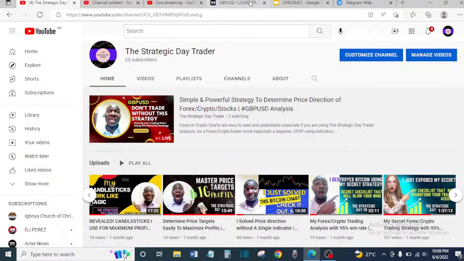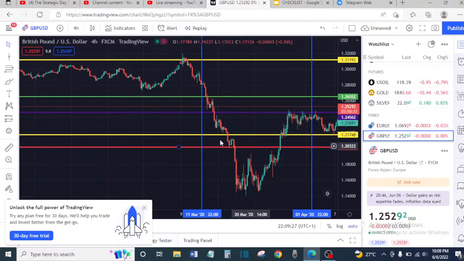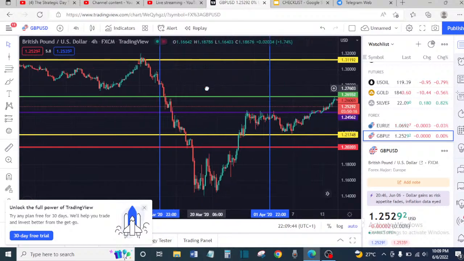You need to also know how to confirm where your next take profit will be. So you can go through that video, you understand how to set your next take profit, so that you can have take profit 1, take profit 2, take profit 3, take profit 4, and so on. You will also know where price is likely to get to before reversals can occur, because that's the main point. Where will price get to before a reversal will occur?